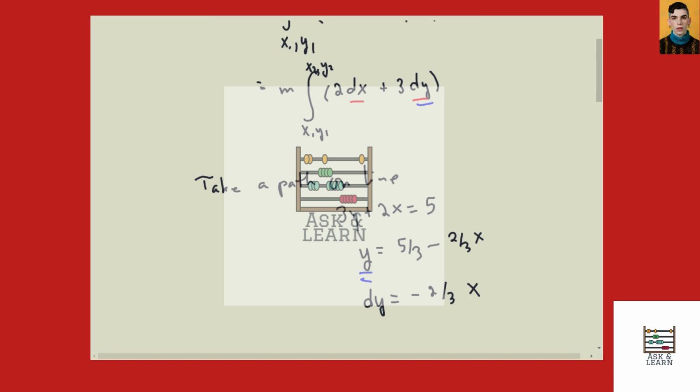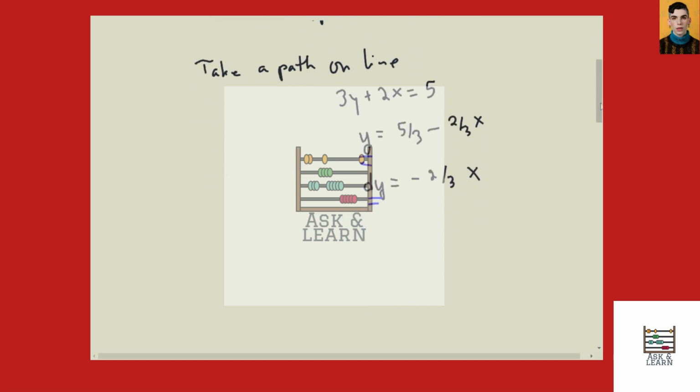There. Okay, so if we use that back up in the integral, note what happens is that your work done is equal to m. And here, since you're just looking at along the line and replacing y, you're going to go from x1 to x2.